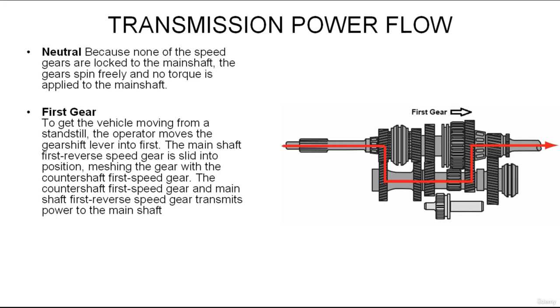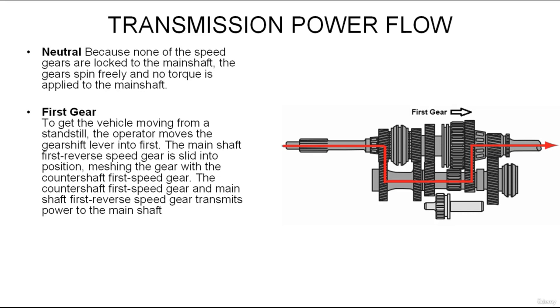The counter gears are in mesh with the speed gears, but because none of the speed gears are locked to the main shaft, the gears spin freely and no torque is applied to the main shaft. All gear changes pass through the neutral gear position. When changing gears, one speed gear is disengaged, resulting in a neutral before the chosen gear is engaged.